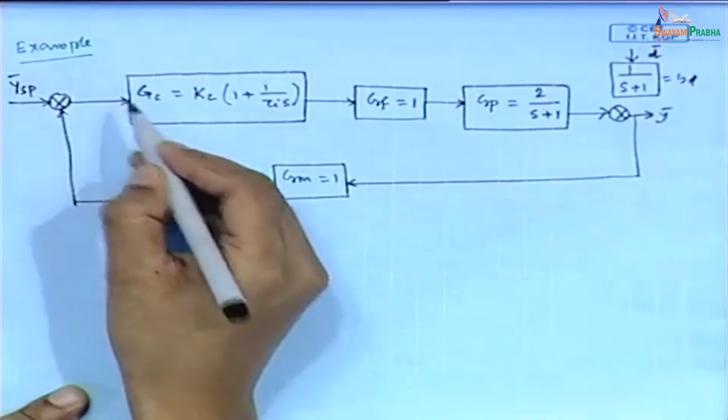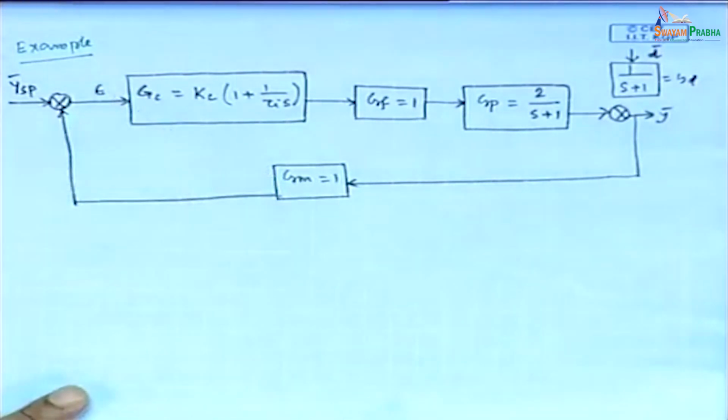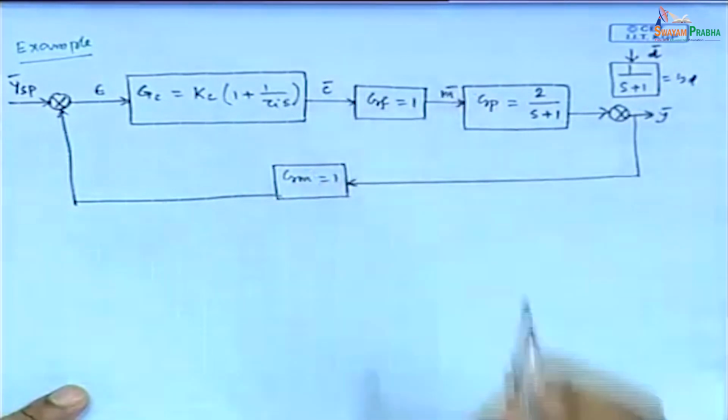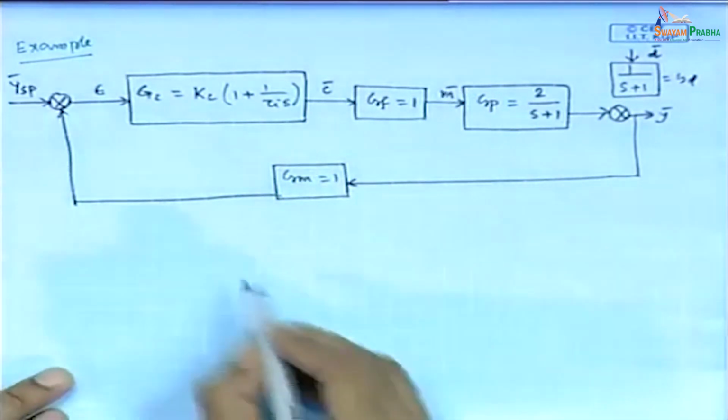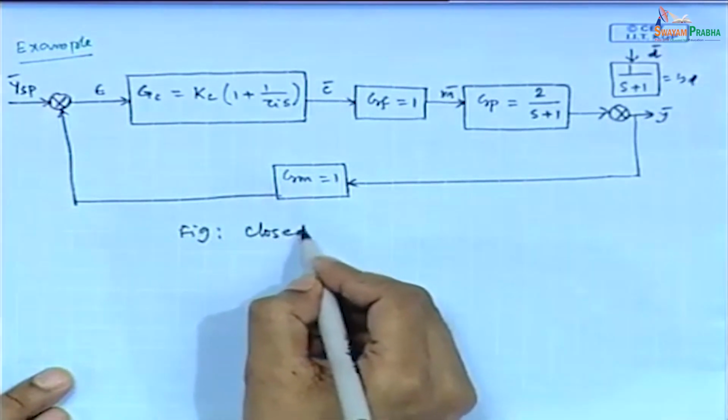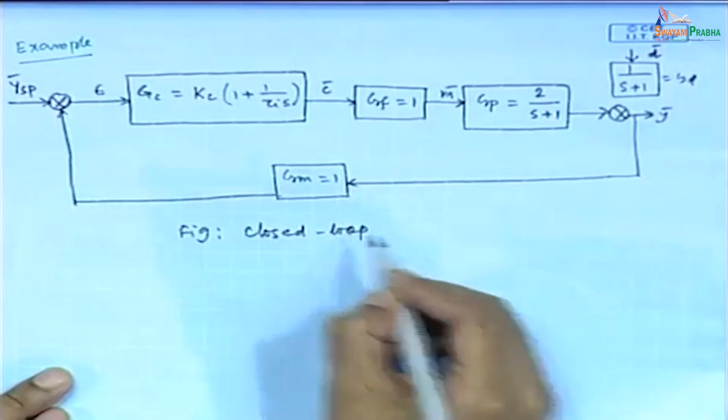And the error signal is going to the controller block. Fine. This is the closed loop block diagram.